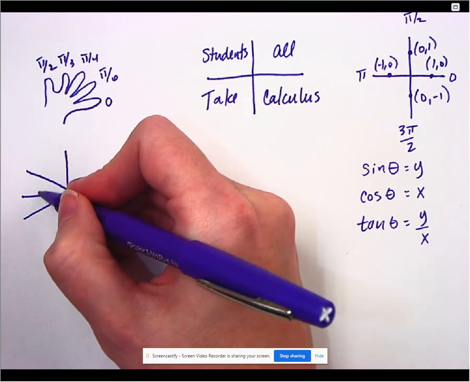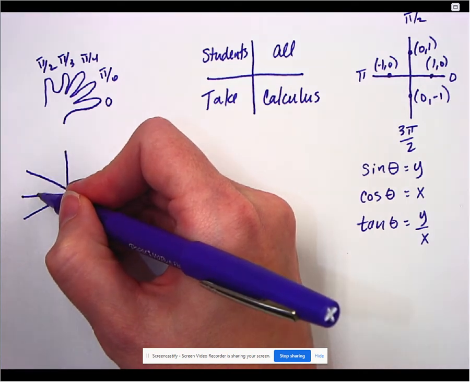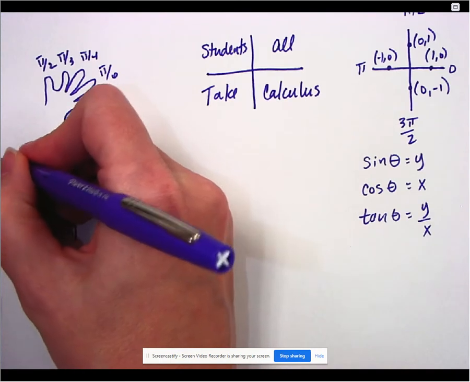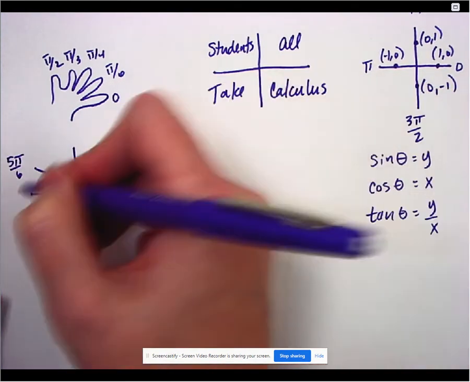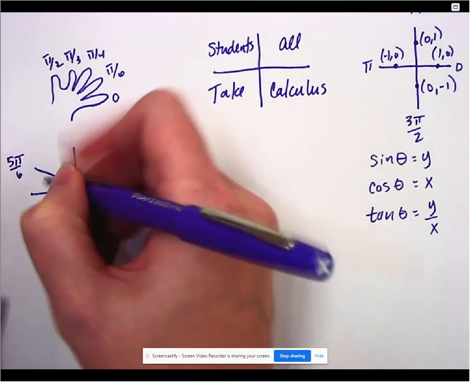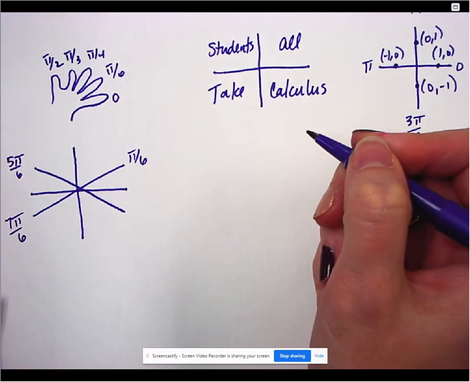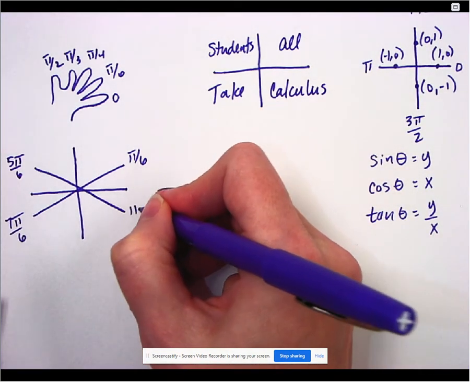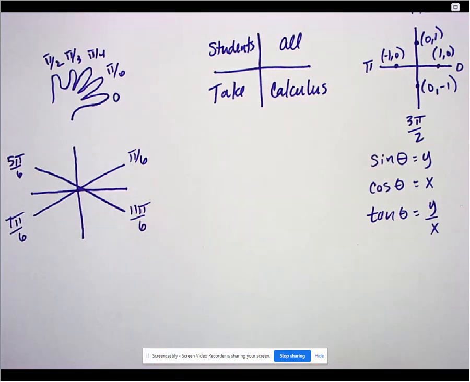Right, this one we also rotate pi over 6 from the x-axis. So it's like 1/6 less than 1 pi, and so that's going to be 5 pi over 6. All right, the next one is 1/6 more than 1 pi, so 7 pi over 6. And then 1/6 less than 2 pi is 11 pi over 6. So I feel like the pi over 6 one is the most difficult one to remember.